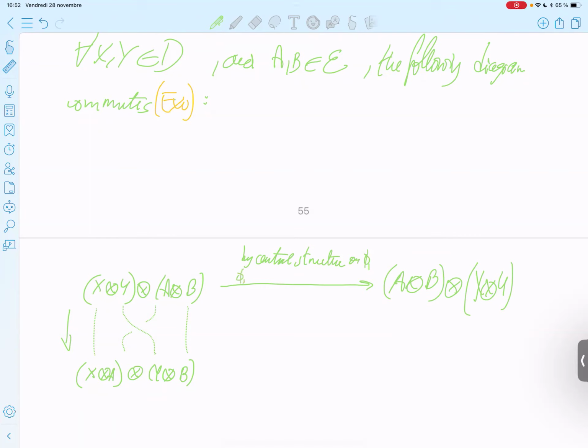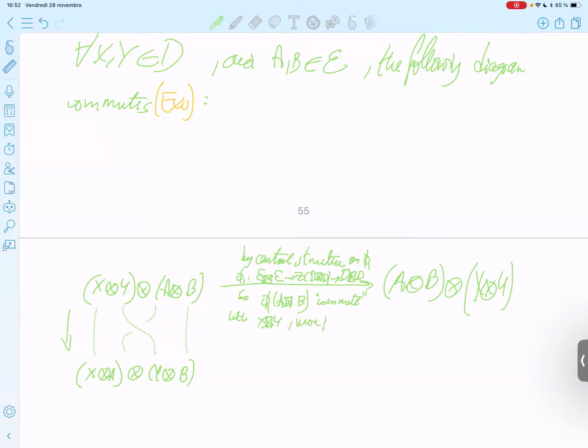So phi 1 is from that to that to that. So phi 1 of A tensor B commutes with that.